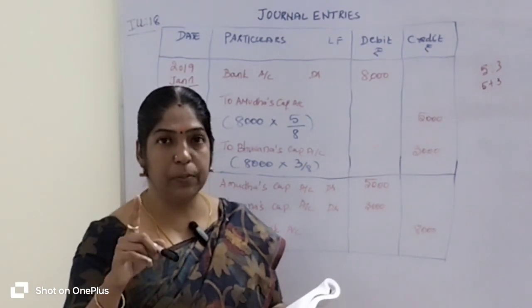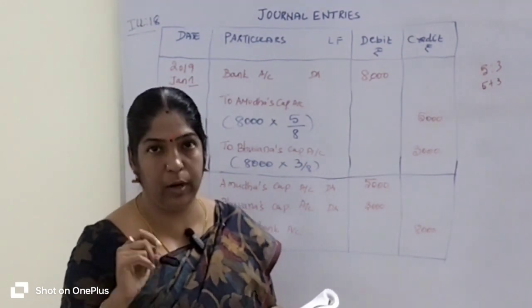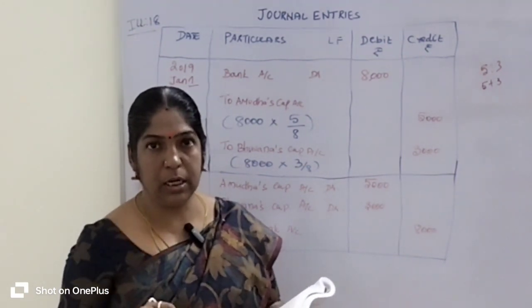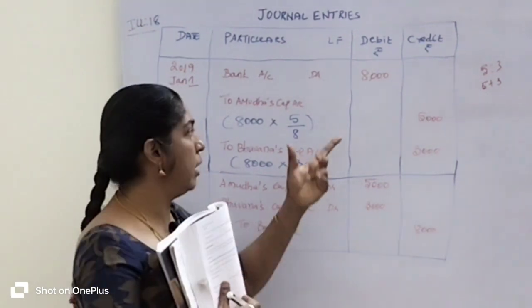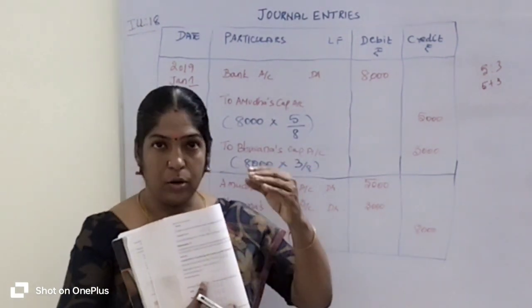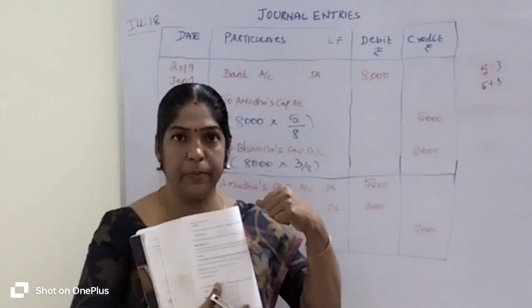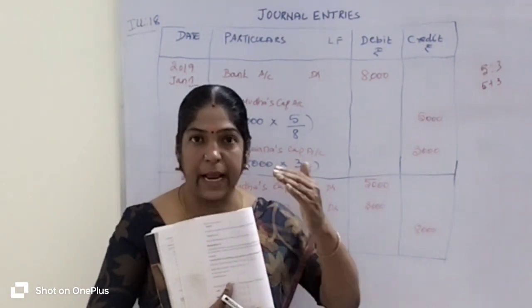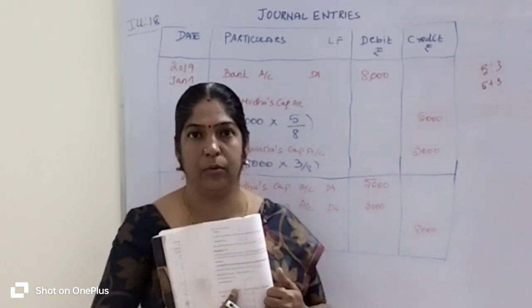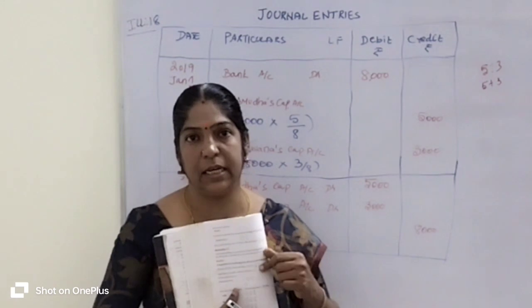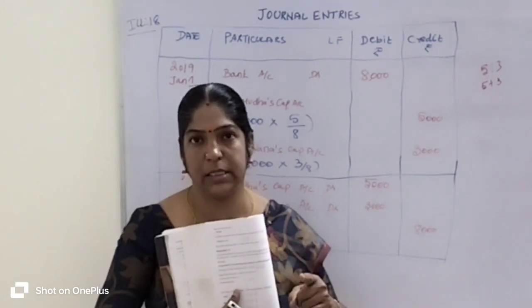Whenever the new partner brings cash for goodwill, what is the journal entry? What is the format? Whenever a new partner brings cash for goodwill, cash comes into the business. So cash is the receiver, debit the receiver.